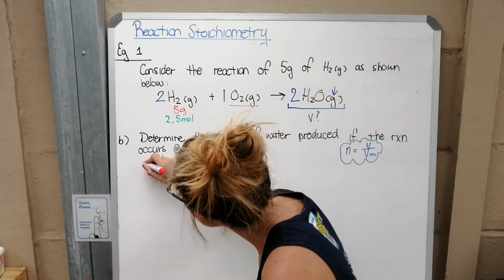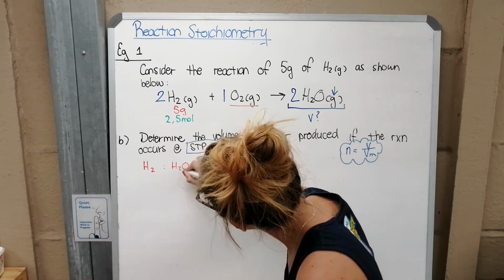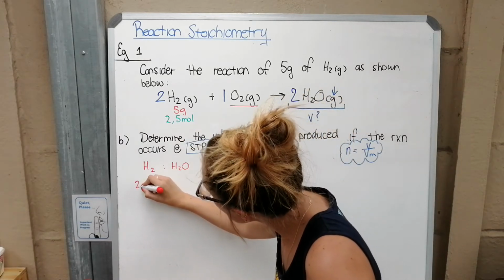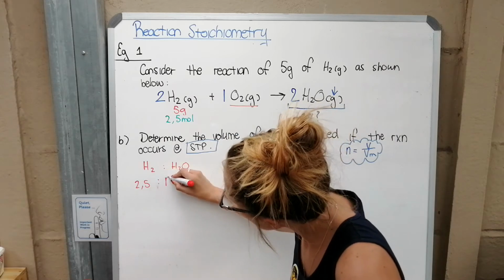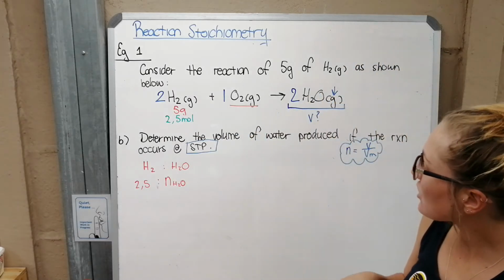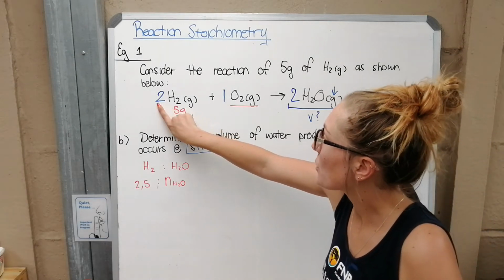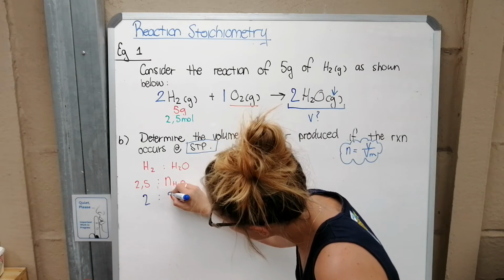So we've got H2 to H2O. Okay, I know H2 is 2,5. I want the moles of H2O, and we know from our balanced reaction equation that the ratio is 2 is to 2. So we're going to say 2 is to 2.